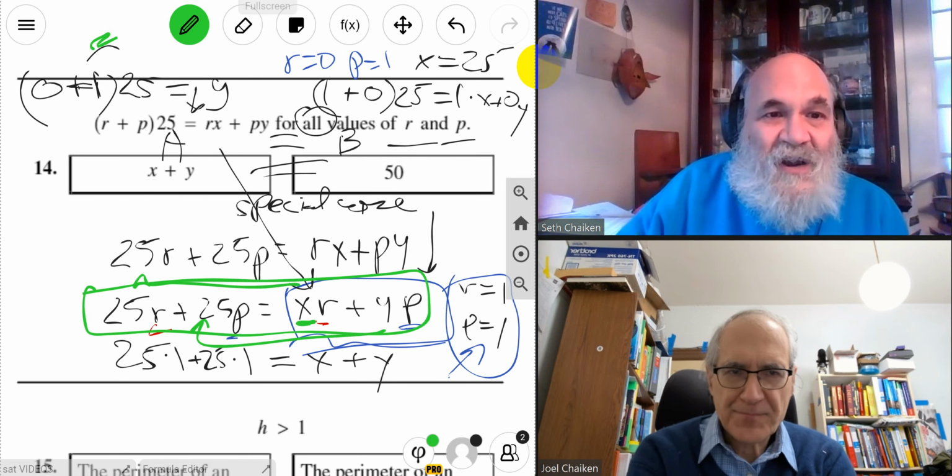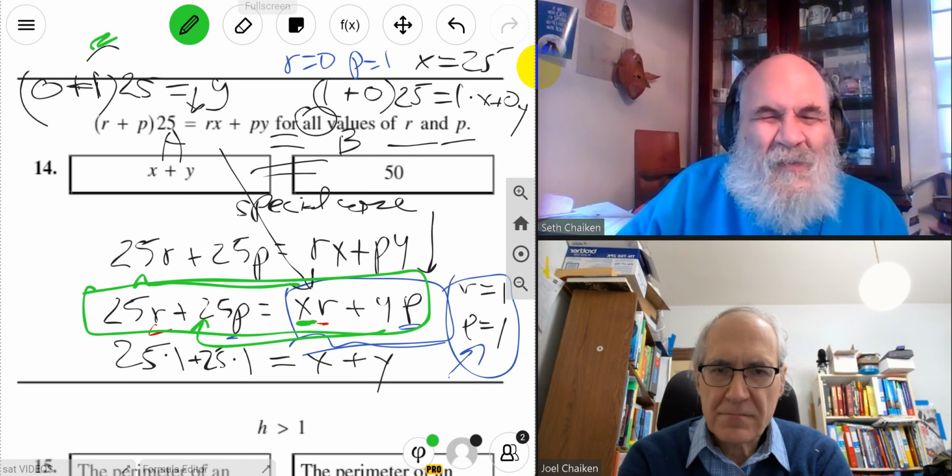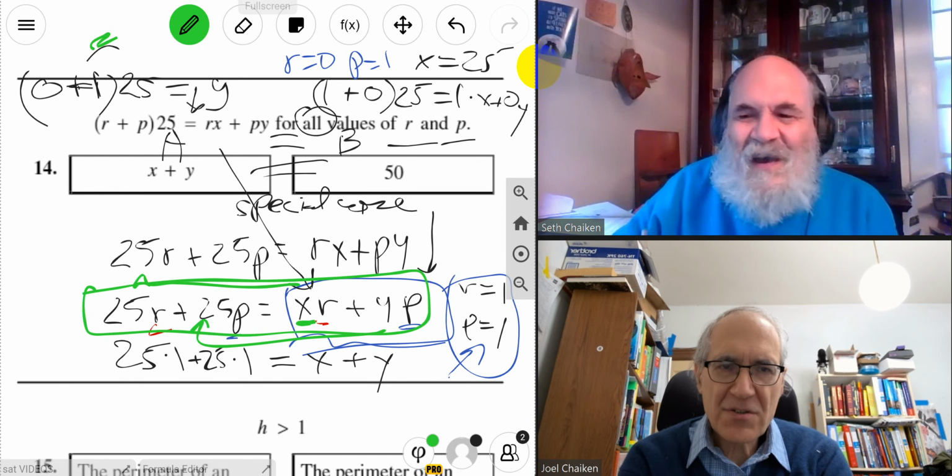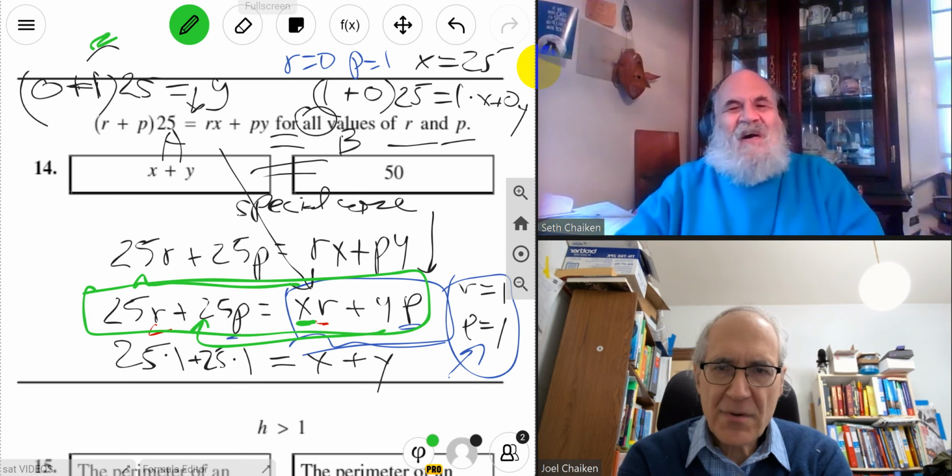The only way this could be true for arbitrary r and p is for x to be 25 and y to be 25. That's the only way this can be true. Weird question, right? It's tricky.